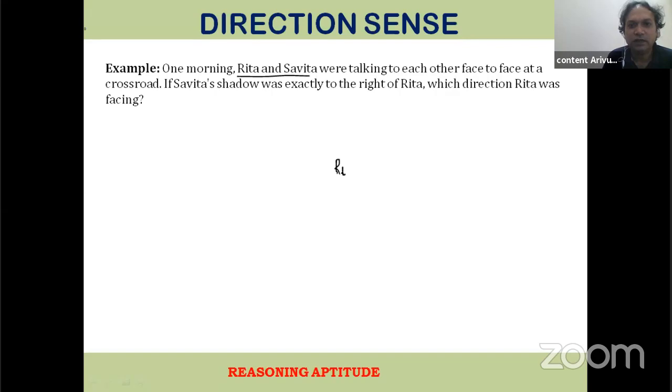This is Rita. This is Savita. Whichever way you write, it does not matter. The answer will not change. Whether I write Rita here and Savita here, it does not matter.